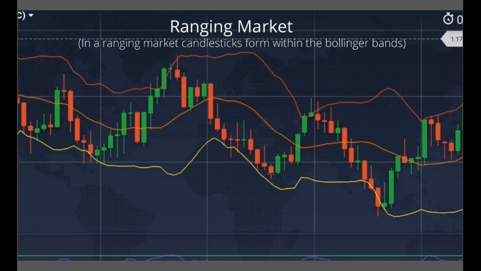And look at this level also. Price could not close outside the Bollinger Band. It retraced back to this level. It went down, and at this level, price tried to close outside.